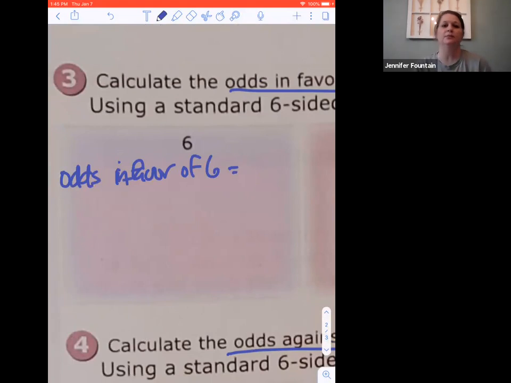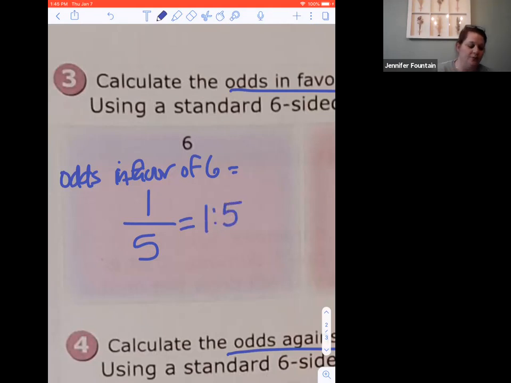So how many chances did we say we had of getting a 6? There's only 1. Since we have a total possible of 6 chances, we have to subtract 1 from 6 to get 5. So we have a 1 to 5. We have 1 to 5 odds, or we can write that as 1:5 with a colon.